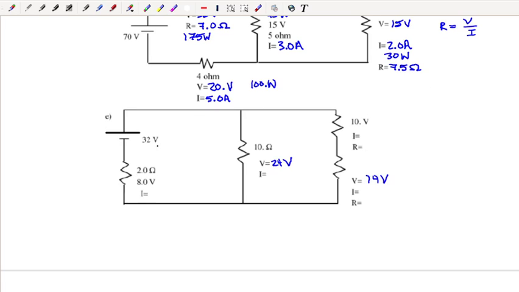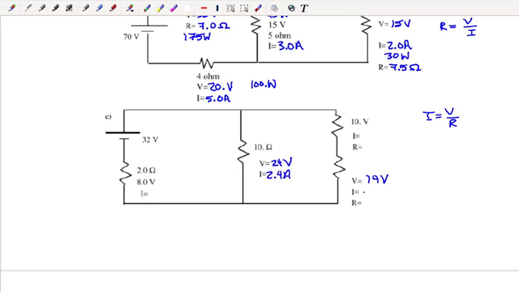Then if we take a look at what's going on with our current, I've got 10 ohms of resistance here and 24 volts here. So to find current, it's going to be current equals voltage over resistance. So voltage over resistance, this is going to be 2.4 amps at this spot.